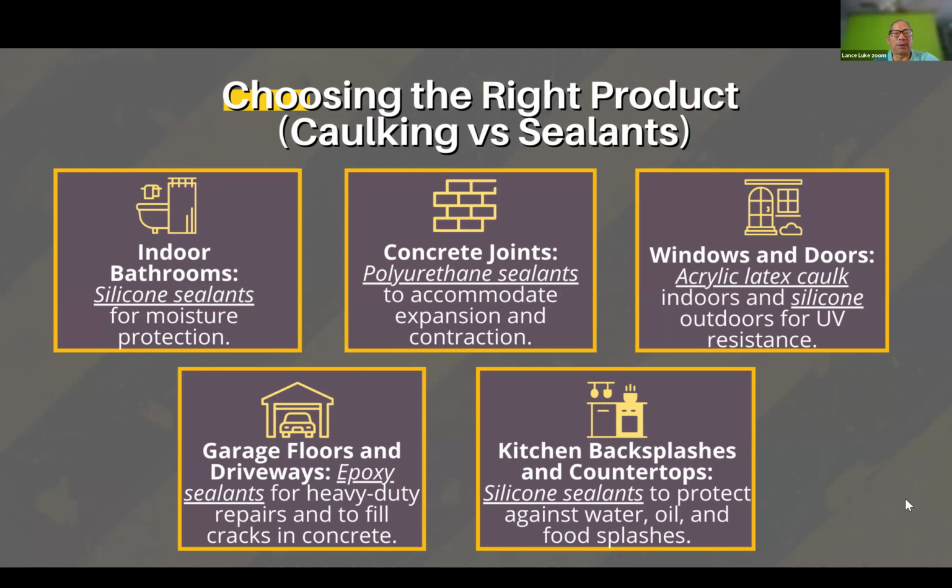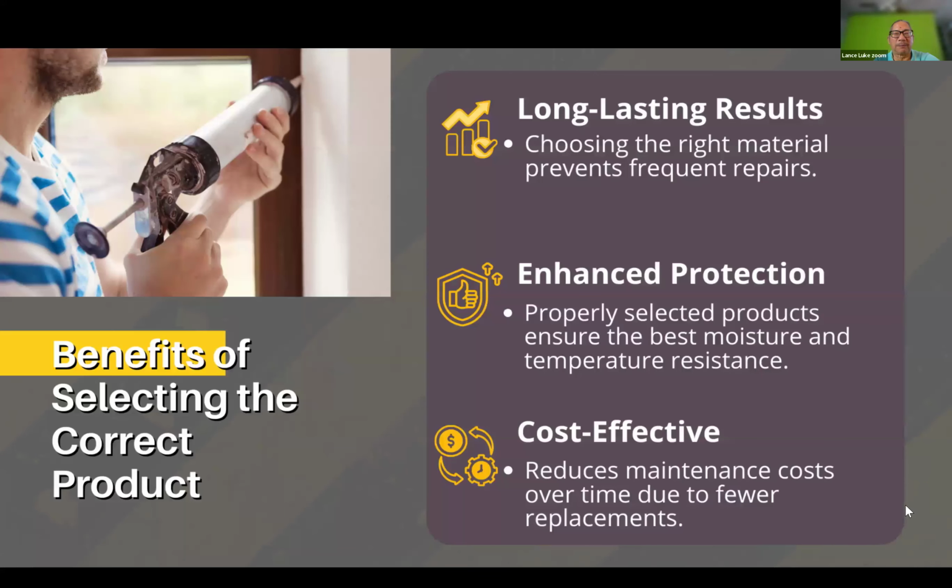Garage floors and driveways, you use epoxy sealants for heavy duty repairs and to fill cracks in the concrete. And then kitchen and backsplash countertops, use silicone sealant to protect from water and oil splashing in between your countertop and backsplash joints and going down into your cabinets.